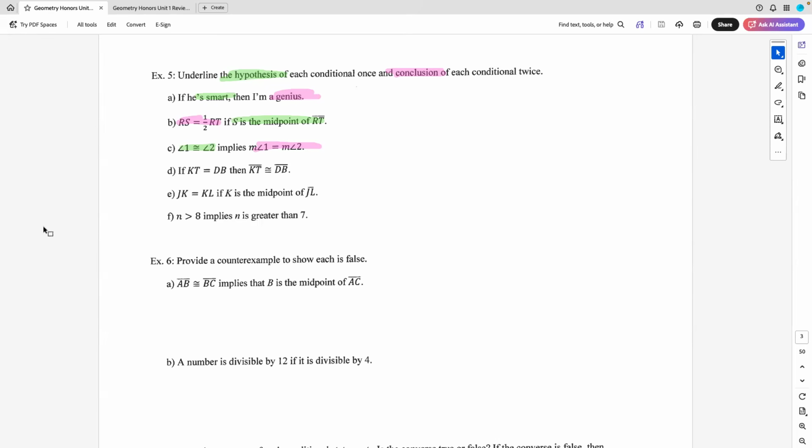I think the next one's pretty obvious. And then these are the conclusions. Then this, then this, then that. Because n greater than 8 leads to the fact that n's greater than 7.